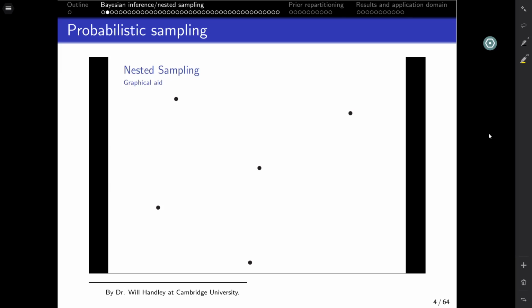So here is just a 2D example. If we define the latent space, we have the set of theta, with theta 1 and theta 2. Now nested sampling just randomly draws a few samples. Here we draw 5 samples in this 2D space.